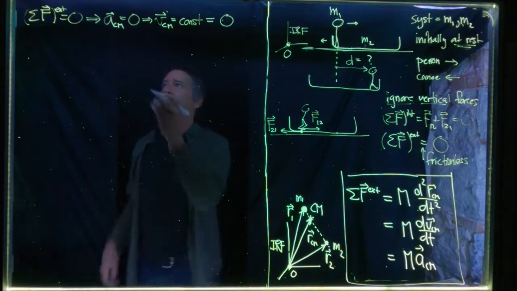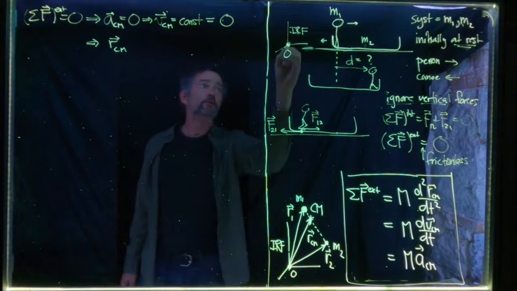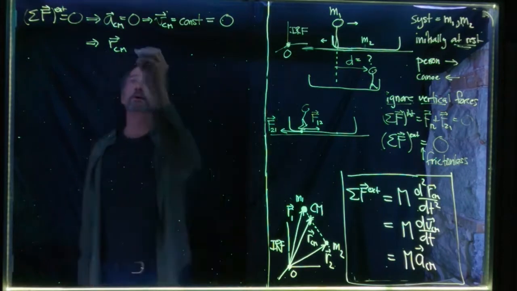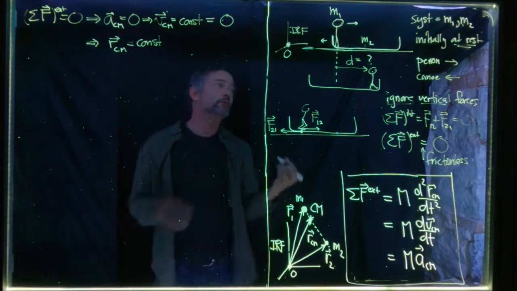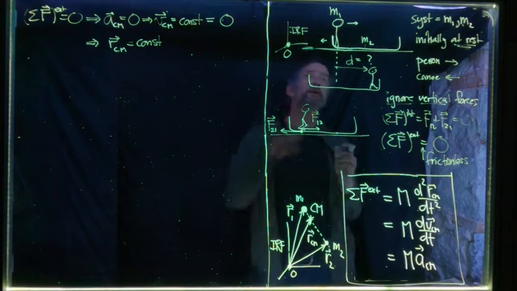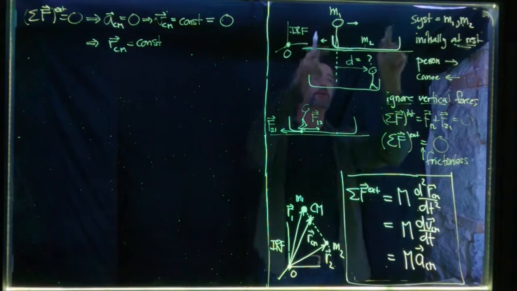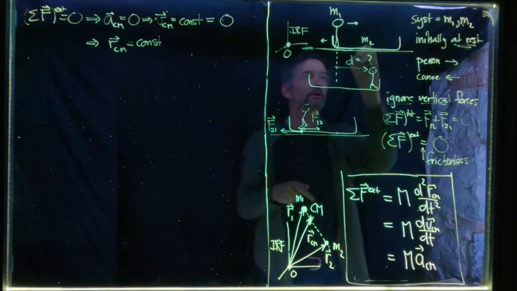And so it tells us that the position of the center of mass point relative to our coordinate origin is constant. So when we look here and ask what was the original location of the center of mass, we've got a canoe with a mass m2. The center of mass of the canoe is right over here.